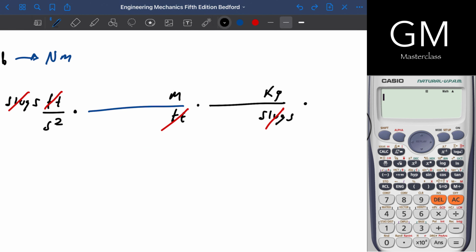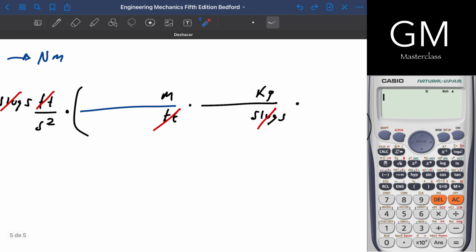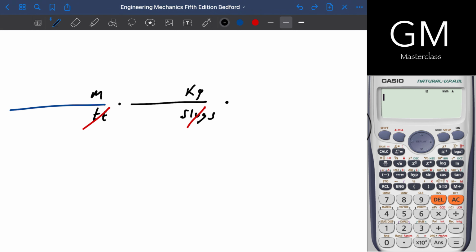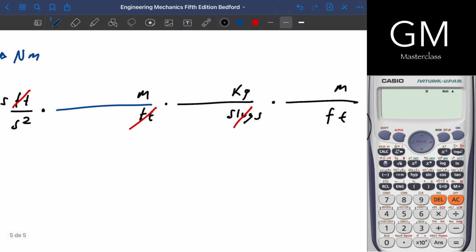What I could do is to get to the second power this division, and that would be like eliminating these two units. But I would like to do it more simply. So I just gotta multiply this again. As I said, I could get to the second power this division, but maybe it's not that clear.